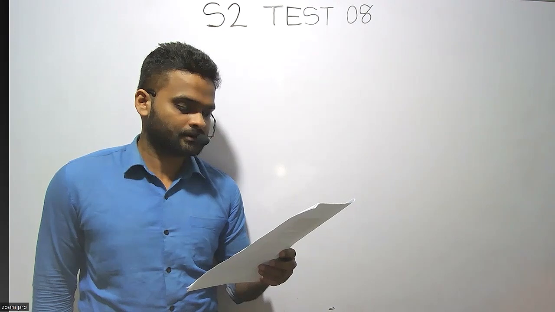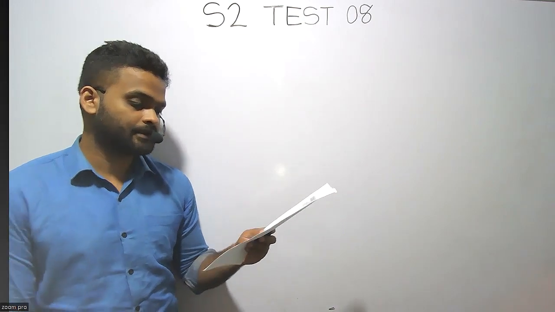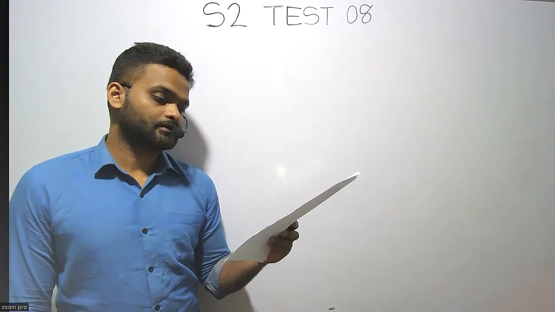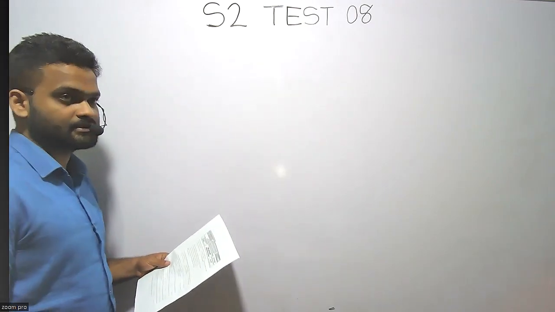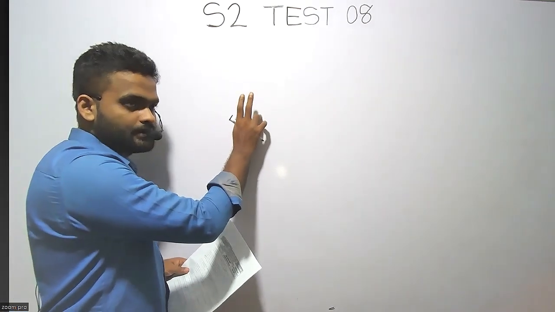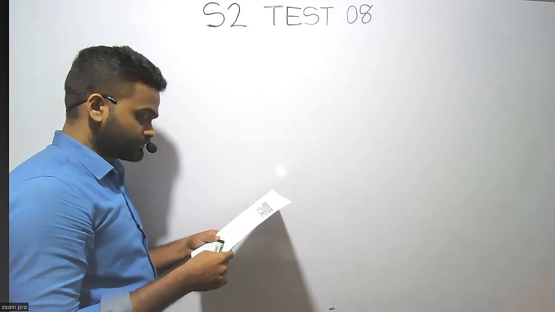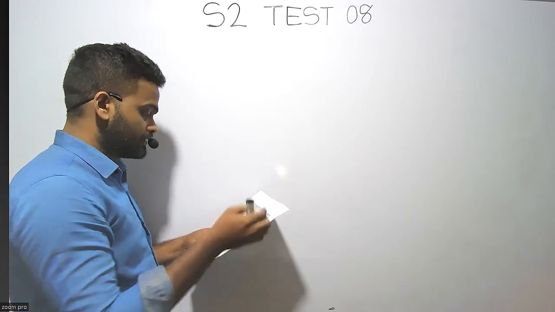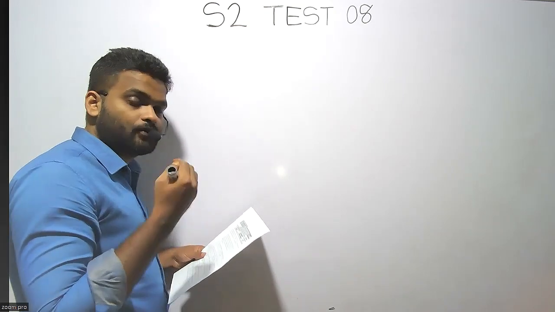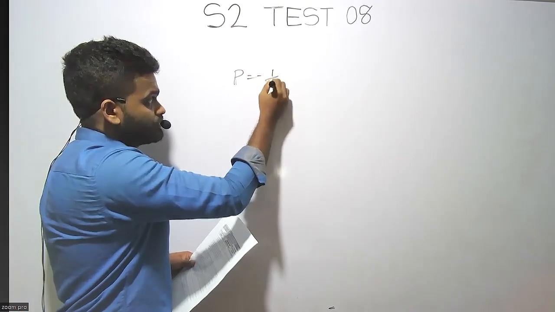Right. Then the fifth question: the power of the lens worn to prevent short-sightedness is minus 2.5 D. When he's not wearing the lens, what is the far point of his eye? So he has short-sightedness. Short-sightedness means he can see near objects, he can't see far objects, right? So first, let's find the focal length of the lens. We have this equation P equals minus 1/f.